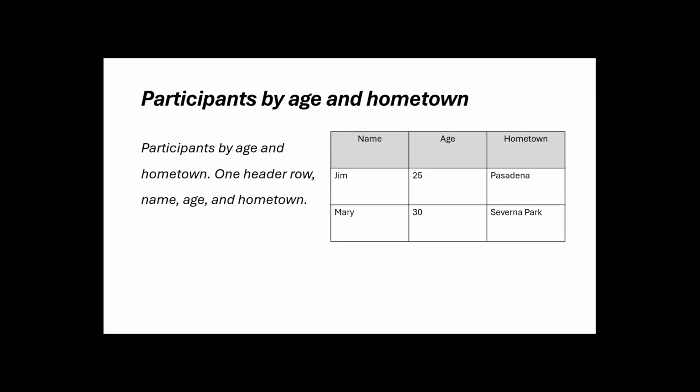So for here, what I would want to put for my alt text is participants by age and hometown, right? That's the title. One header row, name, age, and hometown. That would be the most appropriate alt text to put.